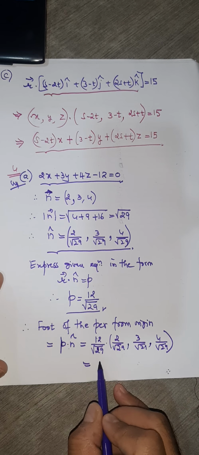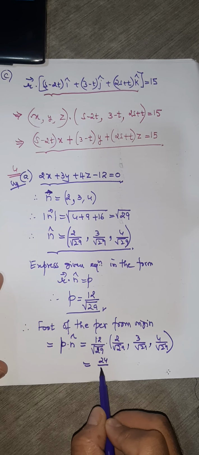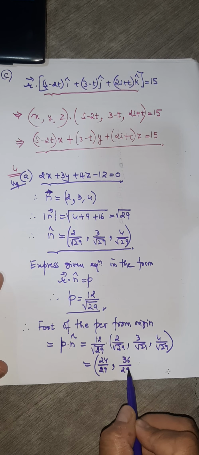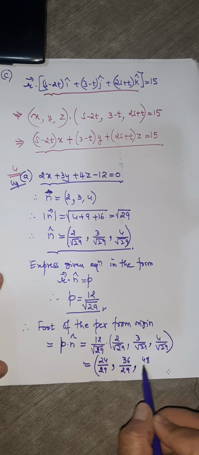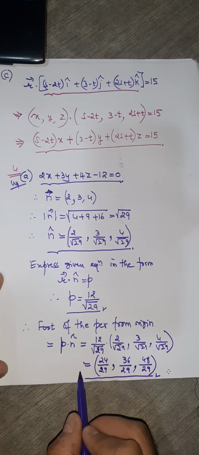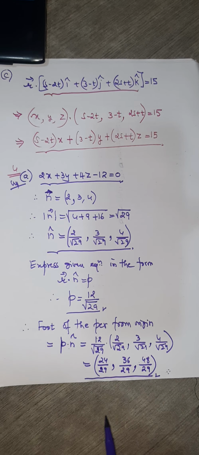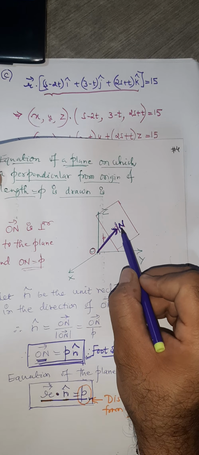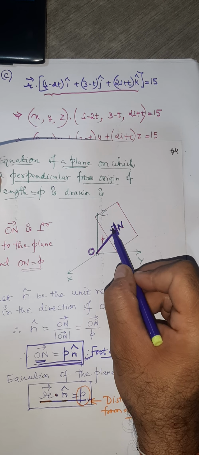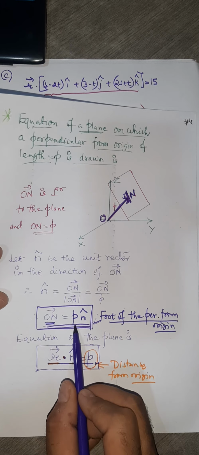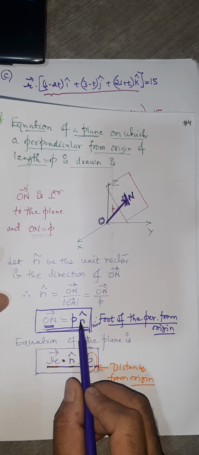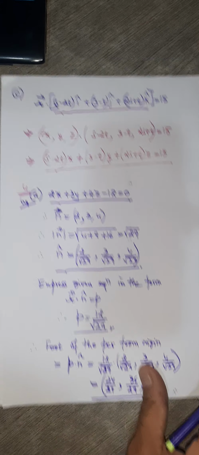So from this we'll get here 24 by 29, comma 36 by 29, comma 48 by 29. This is nothing but the foot of the perpendicular from the origin, that is this vector ON, that is this point N, as we discussed earlier. So I did just this much. You need to do everywhere this much only. p into n cap. p means the perpendicular distance here.